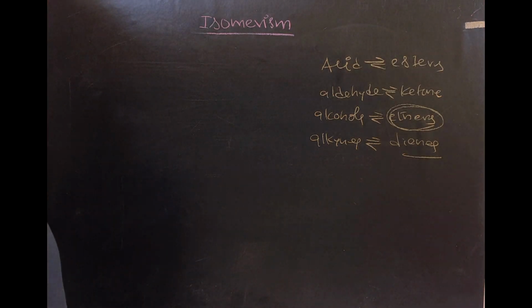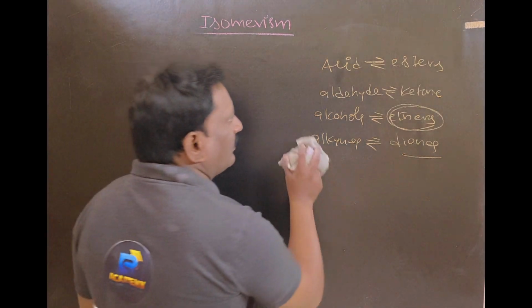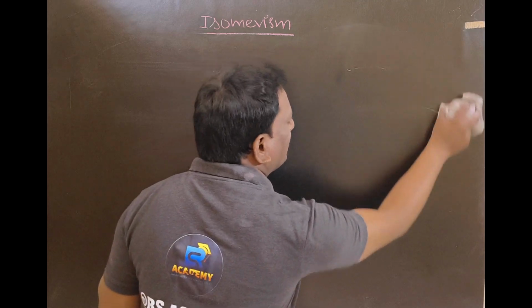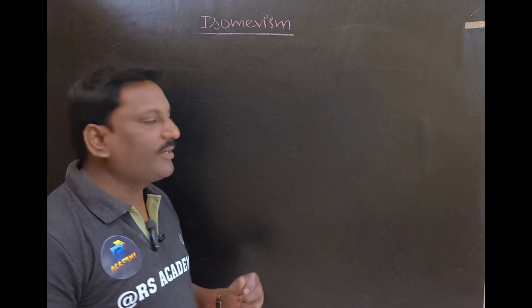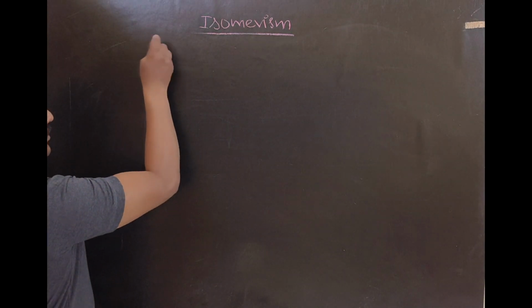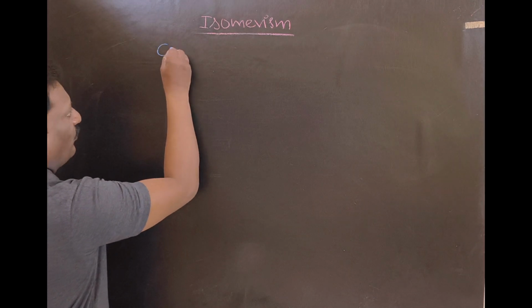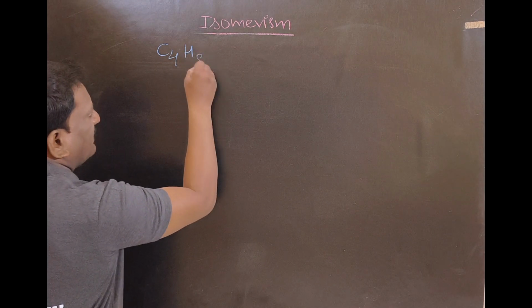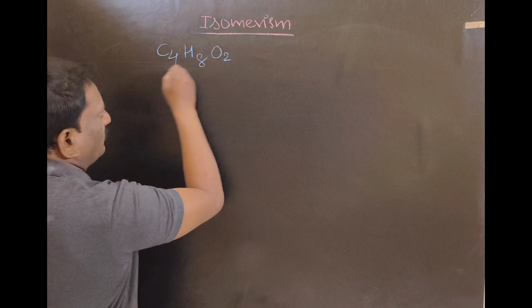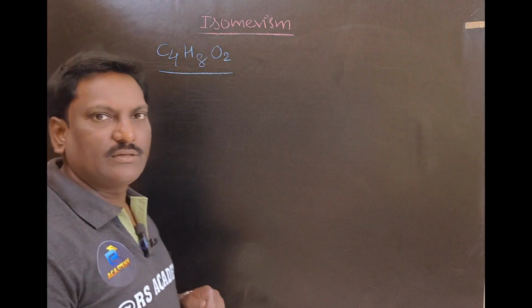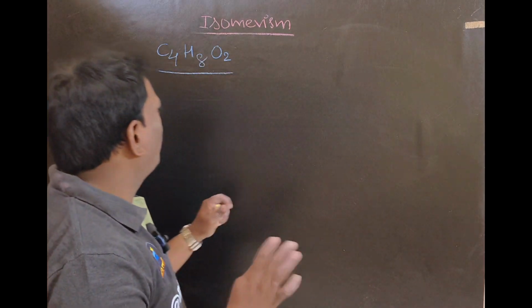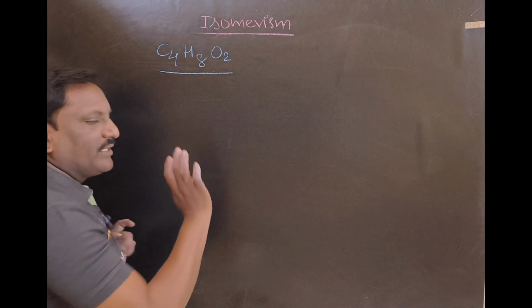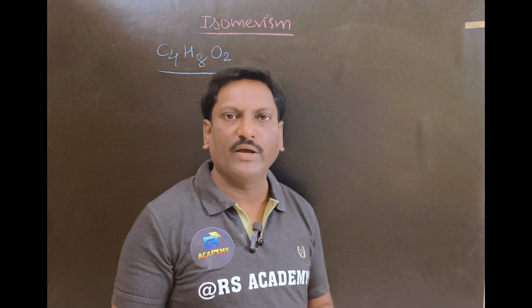Make a note. Let us discuss the conversion of acids to esters. Listen carefully, my dears. C4H8O2. This is the given compound's chemical formula. By using that, we can draw functional group isomers.